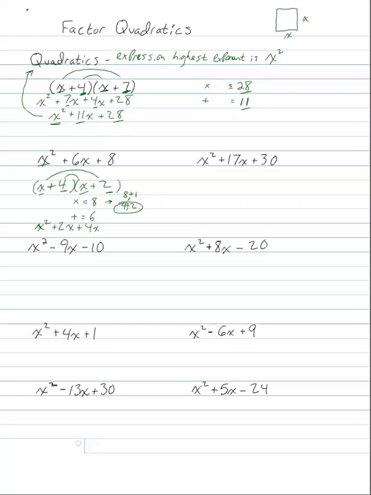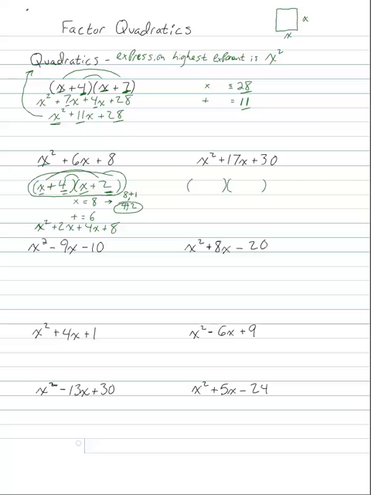Last, plus 8. So it does FOIL out to give me what I started with. So my answer should be x plus 4, x plus 2. It doesn't seem as much like math as like playing with numbers, and that's kind of what factoring quadratics is. It's kind of trial and error. You're just playing with numbers.